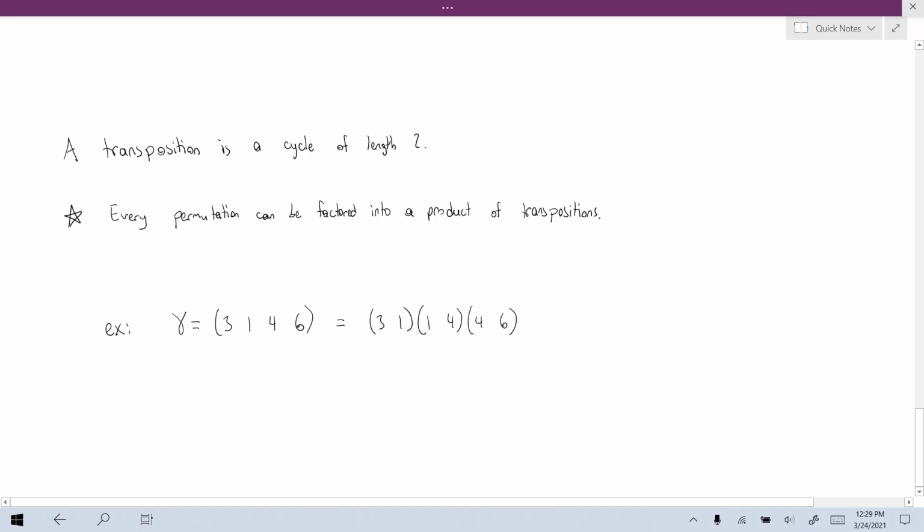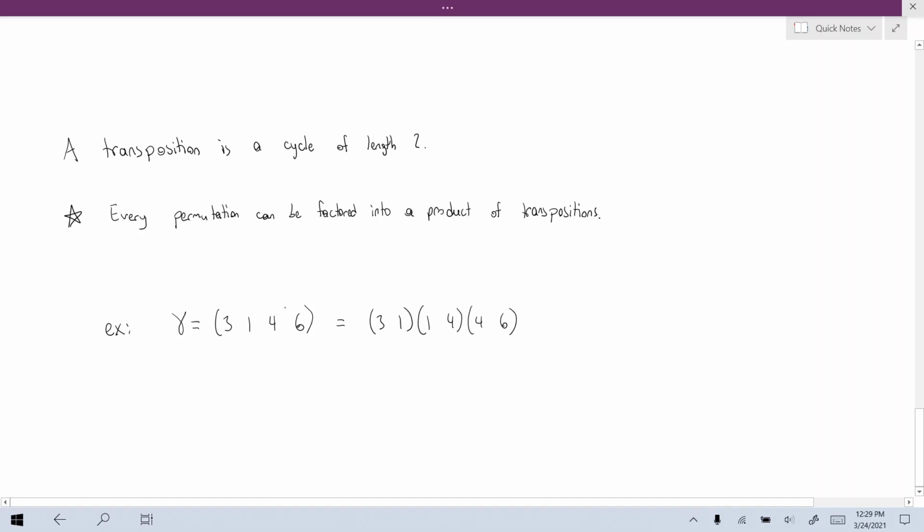Now 1 should map to 4, so let's check that. 1 will first map to 1, and then the 1 will map to a 4, and then the 4 will remain at 4. So 1 ultimately maps to 4, okay? 4 should map to 6, so 4 maps to 6 here, and then the 6 will remain at 6, and then over here it will remain at 6 again.